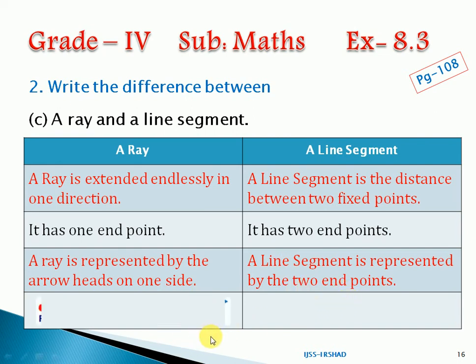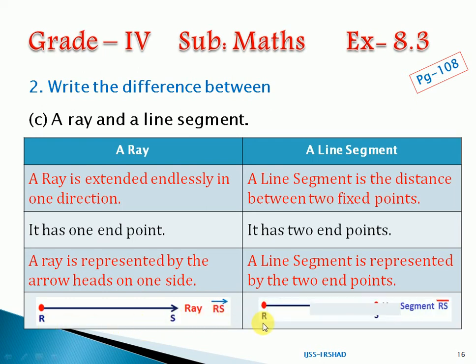The figure of a ray, you can see here: one end point, the other side an arrowhead, and you can write the symbol RS with an arrow on top. For a line segment, two end points, write RS and on top just draw a line. So we have finished questions 1 and 2. Now let's move to question number 3.